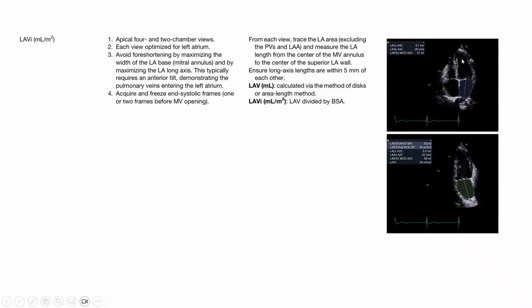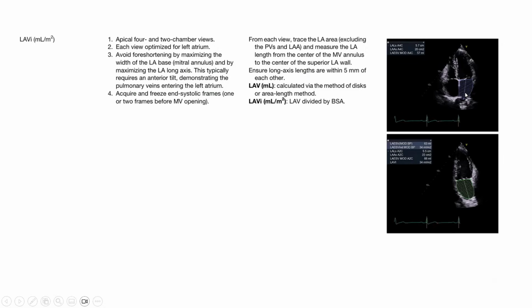And frequently to open the left atrium well, we angle the probe a little anteriorly, and we frequently foreshorten the LV apex in order to open the LA well. A lot of time to open the apex well and avoid foreshortening the apex, we foreshorten the LA. But to open the LA well, we may foreshorten the LV apex.